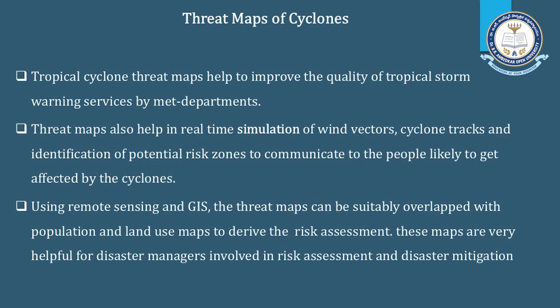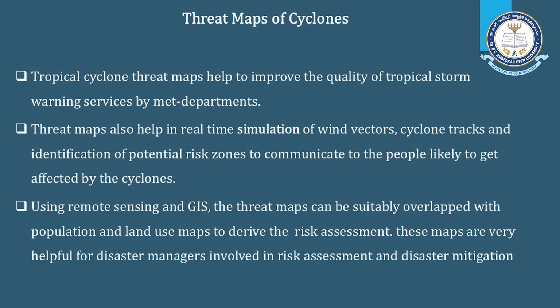Threat maps also help in real-time simulation of wind vectors, which means you can track the cyclones and identify the potential risk zones to communicate to people likely to be affected by the cyclones.